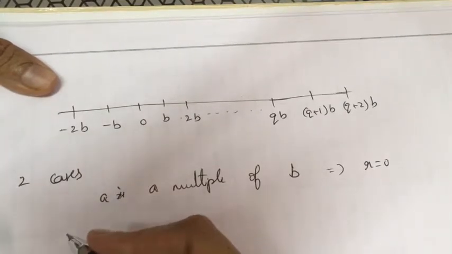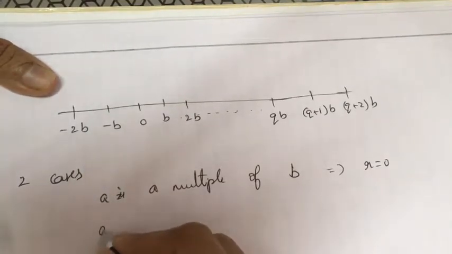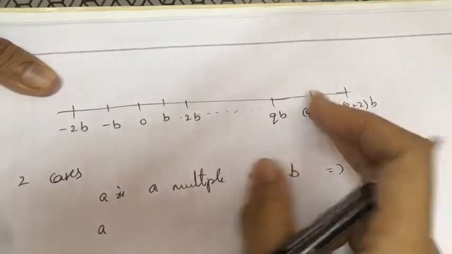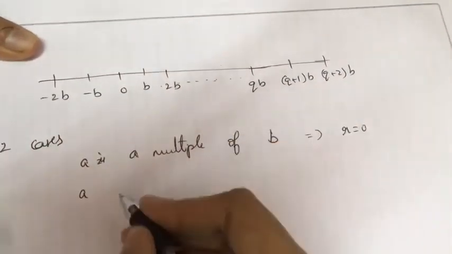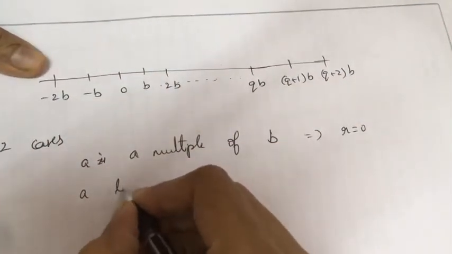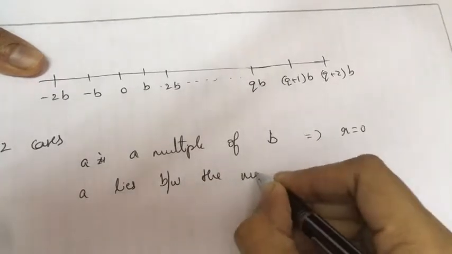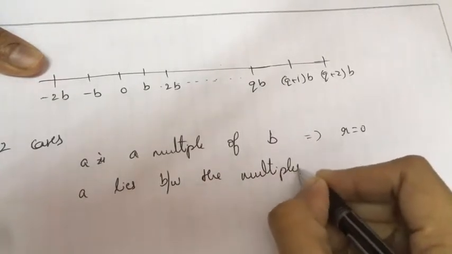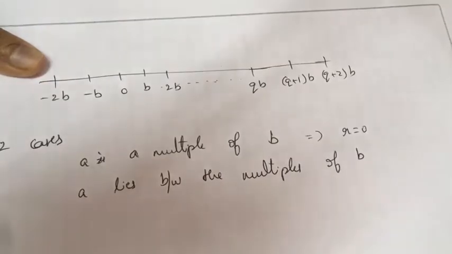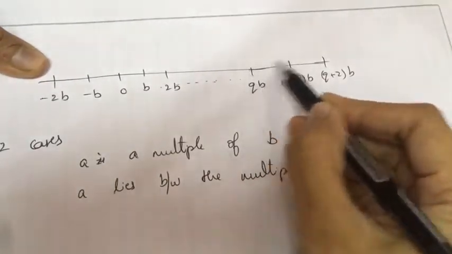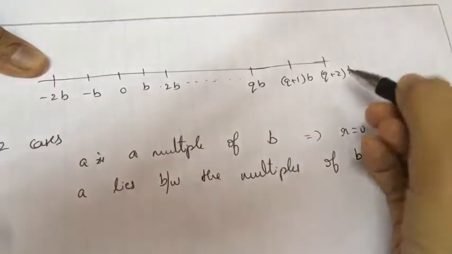Another case is if a lies between the multiples of b, say somewhere in between qb and (q plus 1)b.